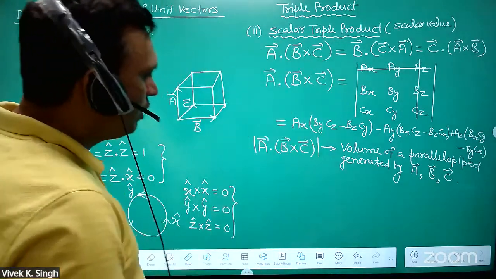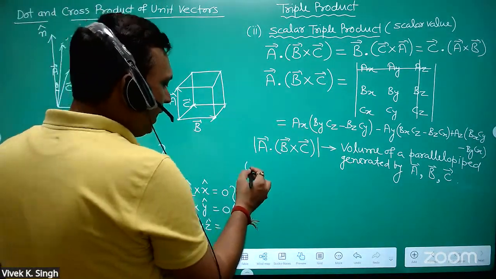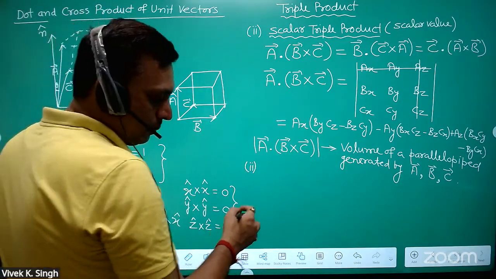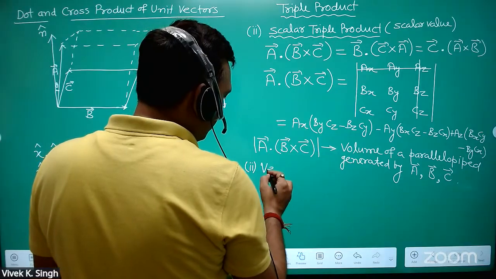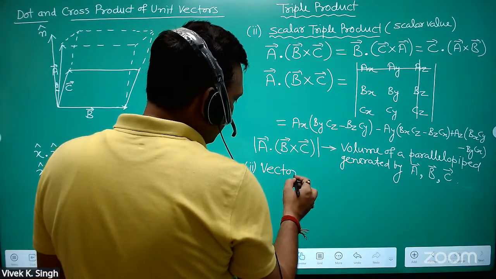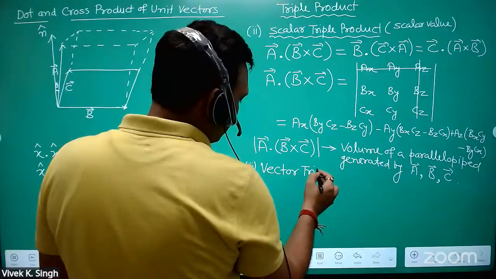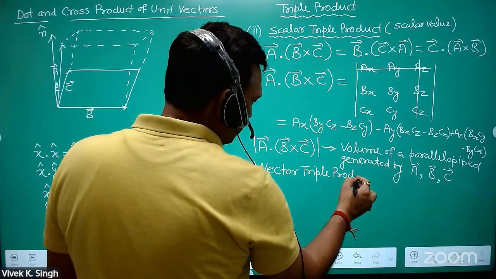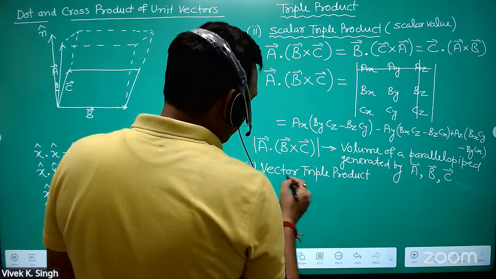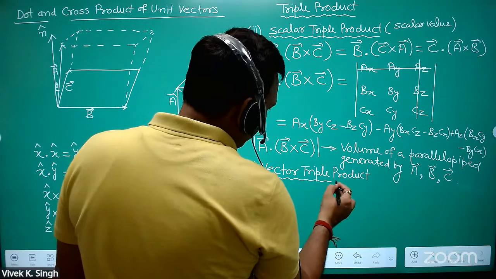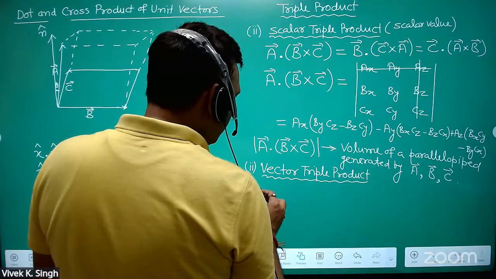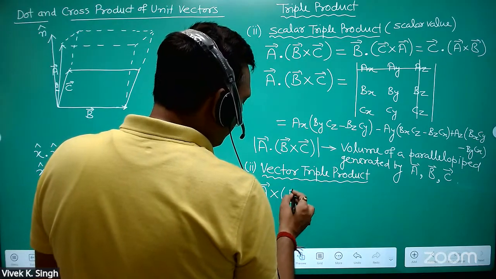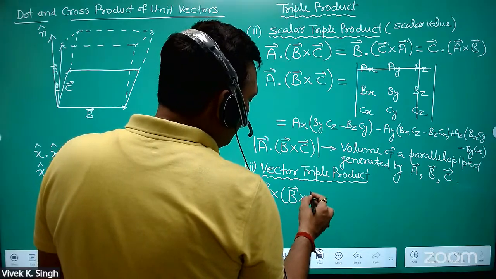Now we can also define the vector triple product. So the vector triple product is A cross B cross C. How to calculate it?